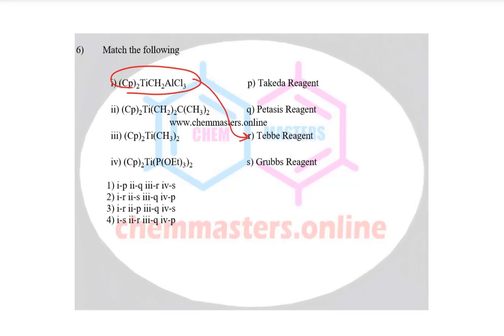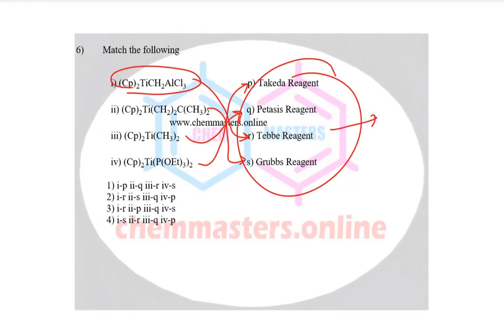And the second one is Kreb's reagent, the third one is Petasis reagent, and the fourth one is Takeda reagent. All these reagents act as methylenating agents of carbonyl functional groups. Just remember this. Okay, right. And next.